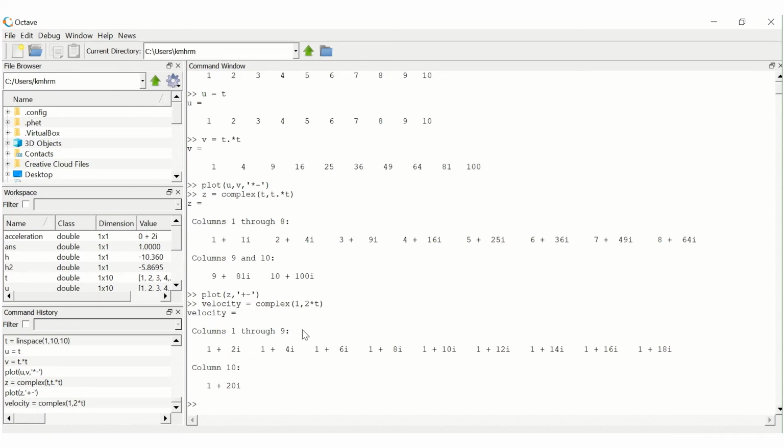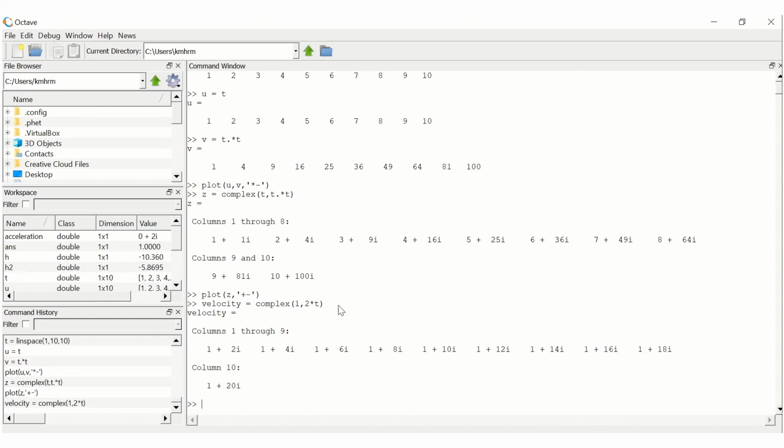Now if you can just imagine, on the x-axis over here, this is the real part of z, which is vector b. So the z, as you have seen here, z equals complex t times t. This is the points in the x-axis and the y-axis.